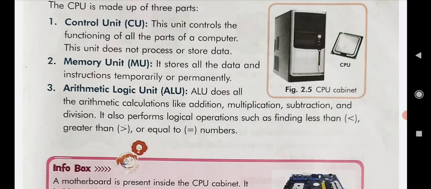ALU, the arithmetic logic unit, does all the arithmetic calculations like addition, subtraction, multiplication, division, and greater number, smaller number. Every calculation related to math is done by the ALU.